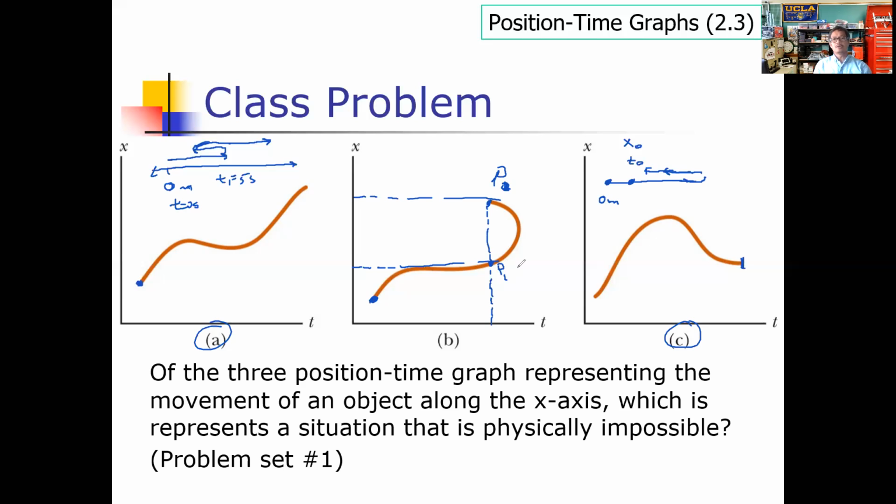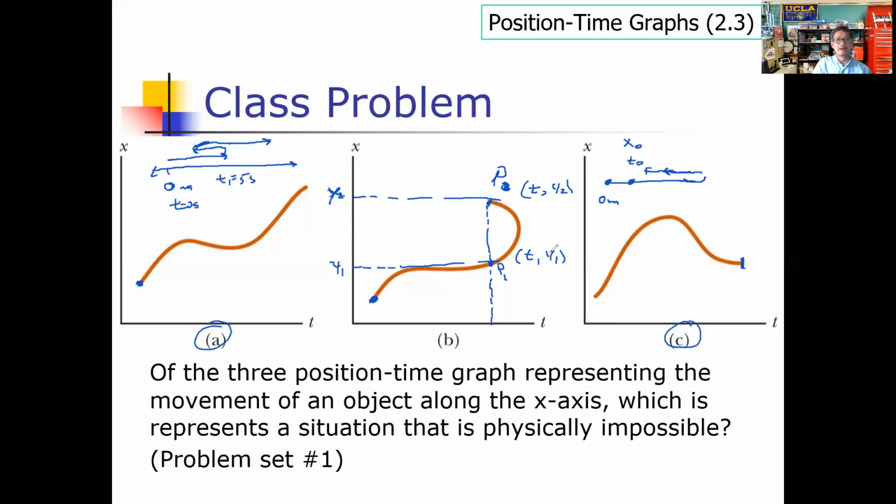What do you notice at these two points? Both points have the same time, and yet the positions are different, y2 and y1. The coordinates here are (t, y2) and (t, y1).